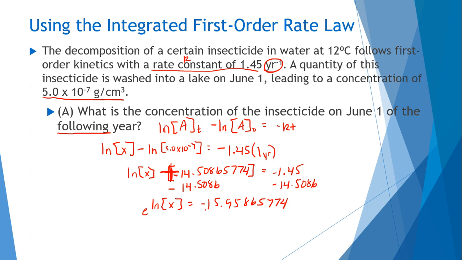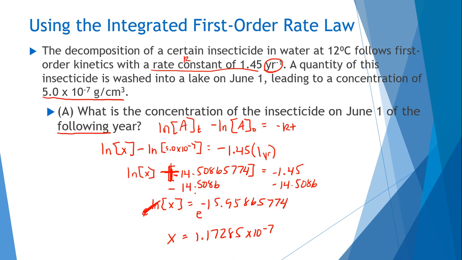So if I do this to the left side, I must also do this to the right side. So the e button to the power of negative 15.9586. When you do this, it cancels out this natural log, and you get x equals 1.17285 times 10 to the negative 7th.